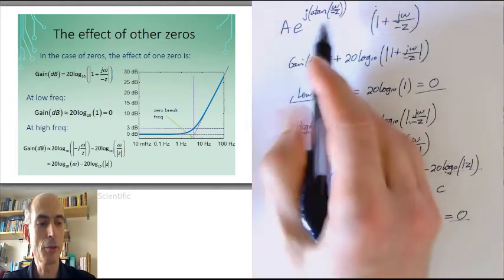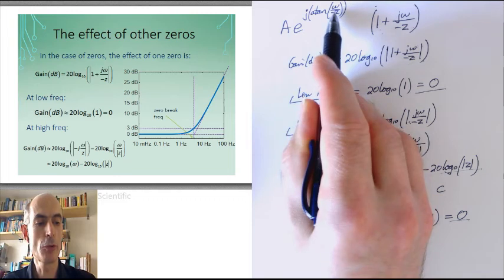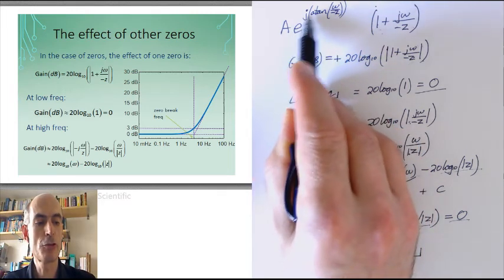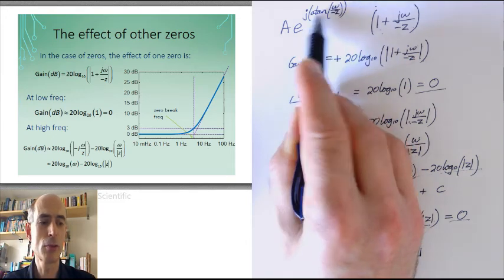Now, bearing in mind that z is almost always going to be a negative number, this gives me, for low frequencies, e to the power of j, the arctangent of something very small, in other words, no phase shift at all.